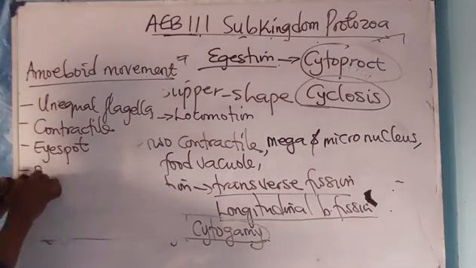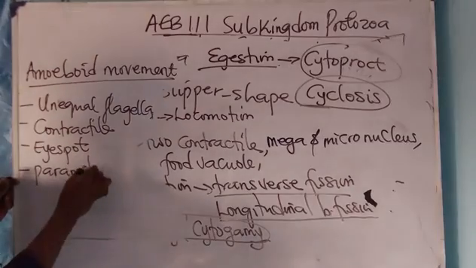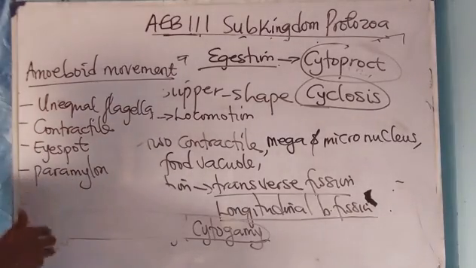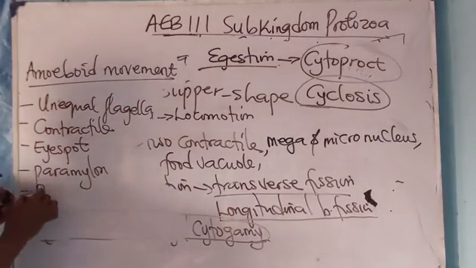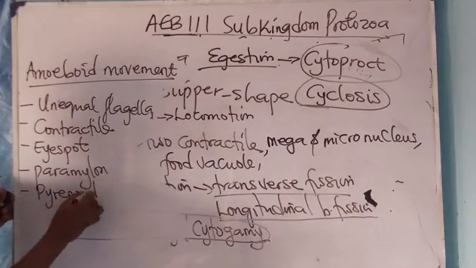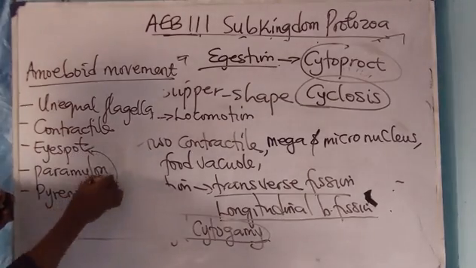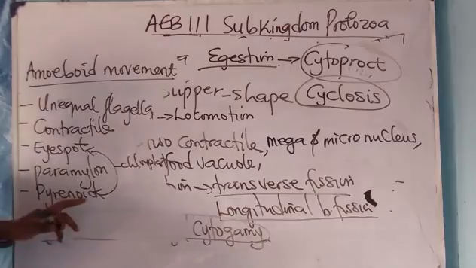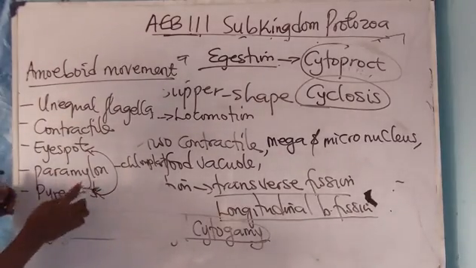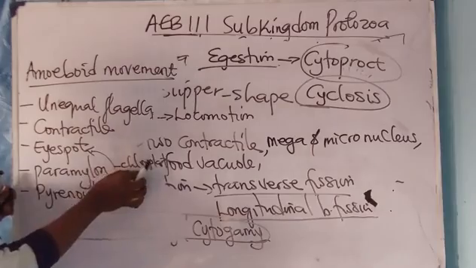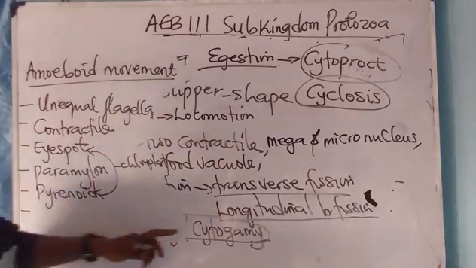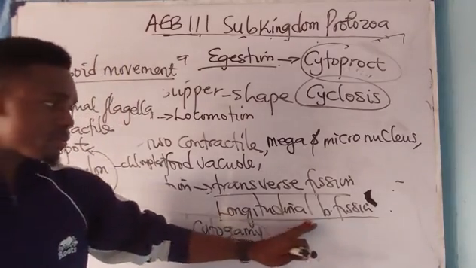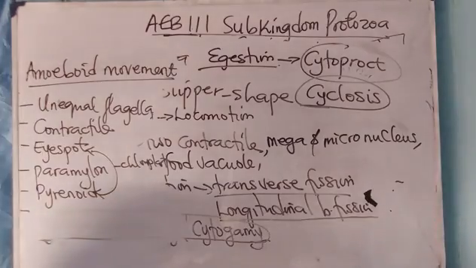It stores food as paramylon, but Chlamydomonas stores food as starch. The paramylon and eye spots are found in the chloroplast. It undergoes longitudinal binary fission, the type of asexual reproduction it undergoes.